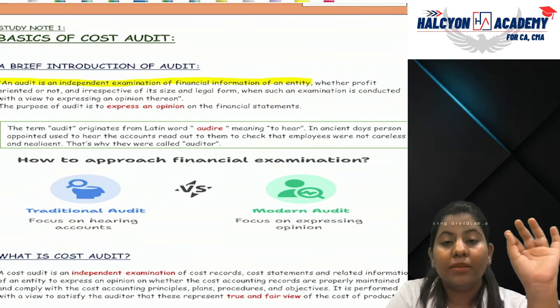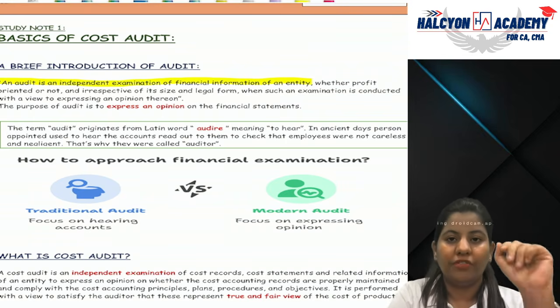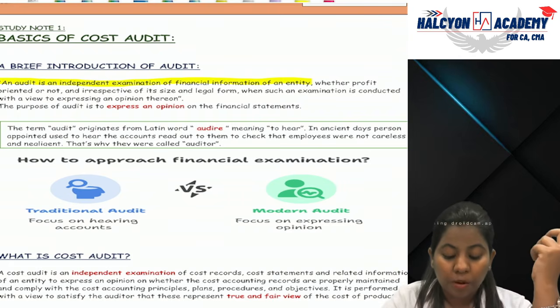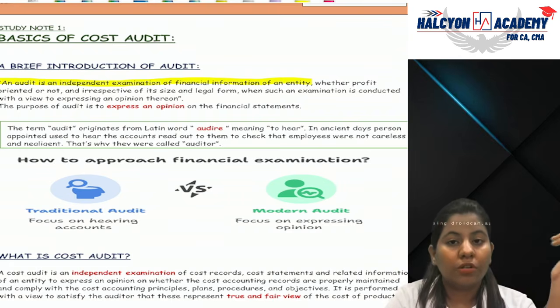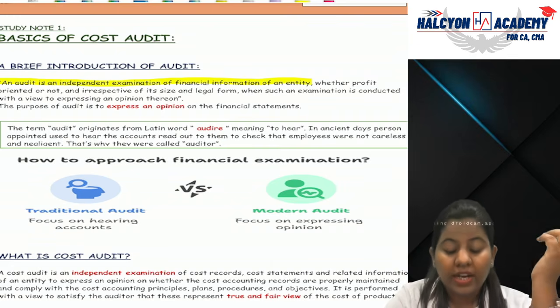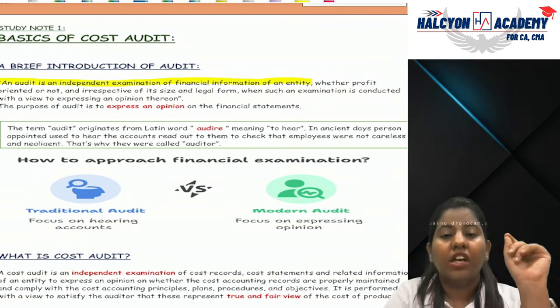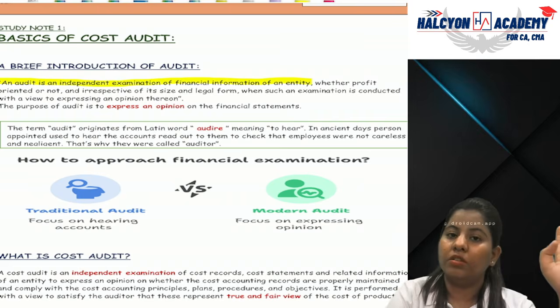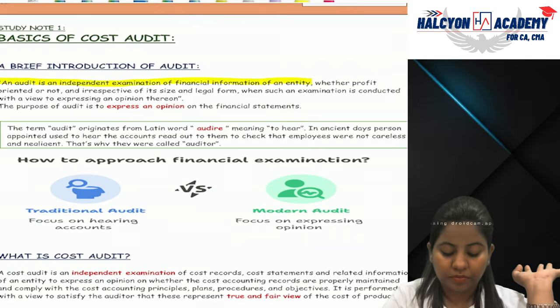It does not matter what the legal form is, what the size of the company is, or what the motive is, to earn profit or not, such as NGOs and not-for-profit organizations. If it comes under the criteria where an audit is to be performed, the audit will be performed.